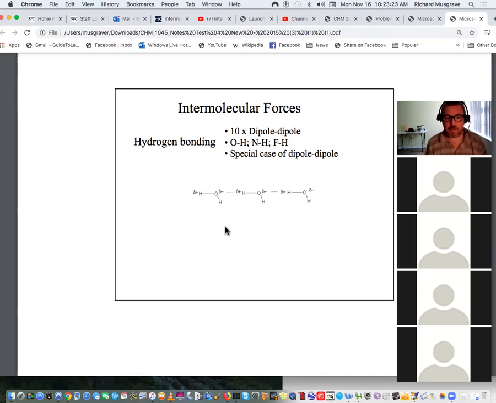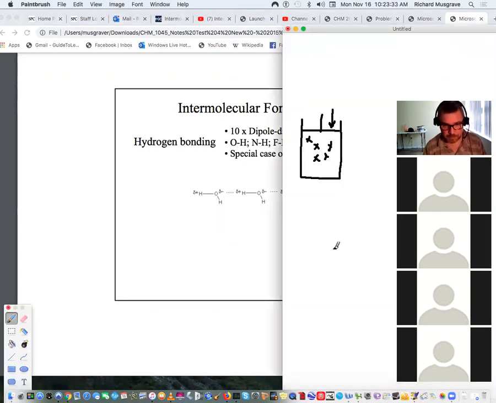And the reason for this is because hydrogen is a much smaller atom than any of the other atoms that we really talk about. So when we're looking at an OH bond specifically, O is a pretty big atom.